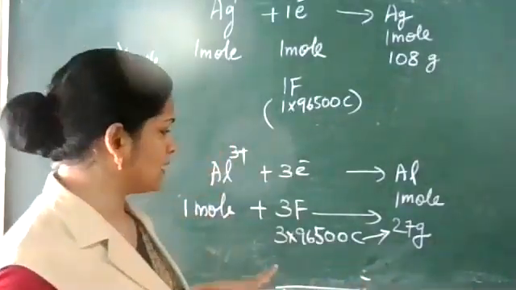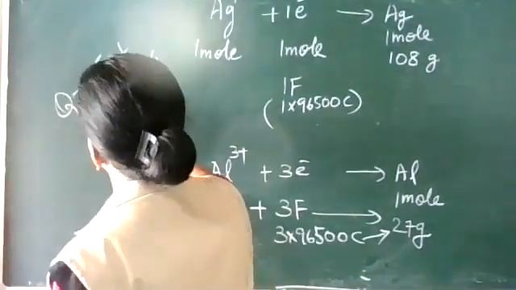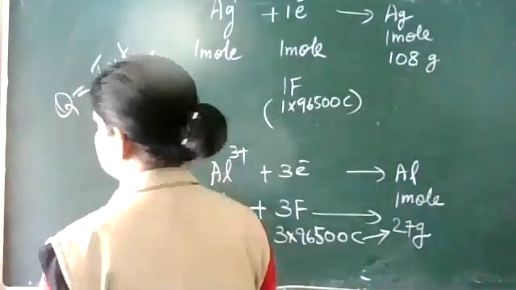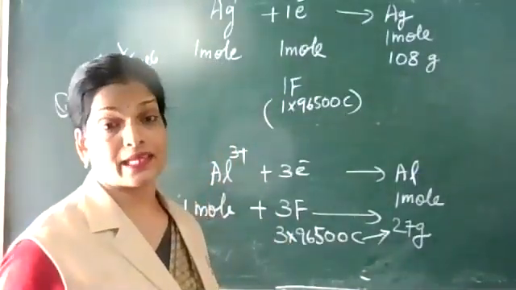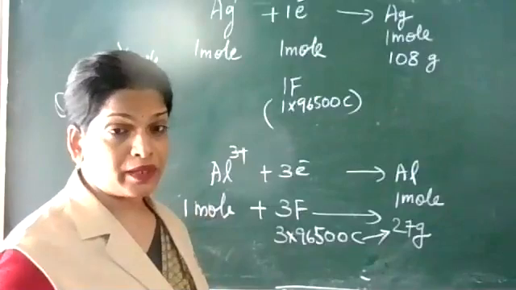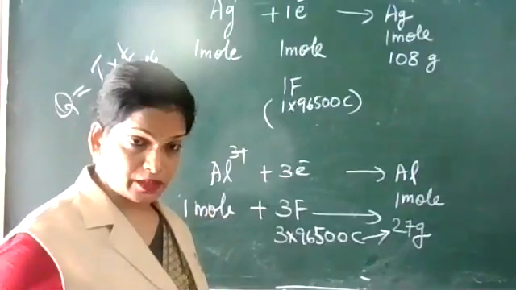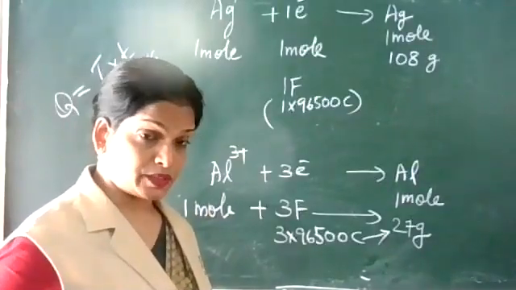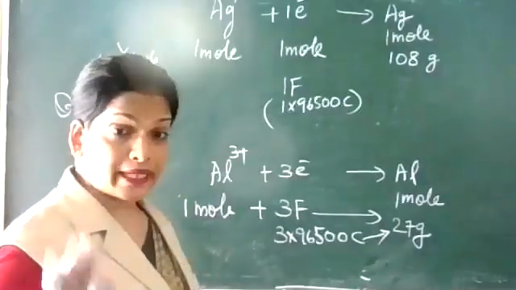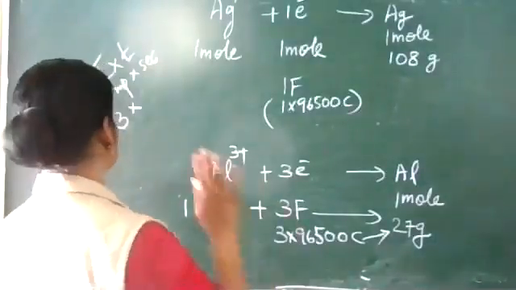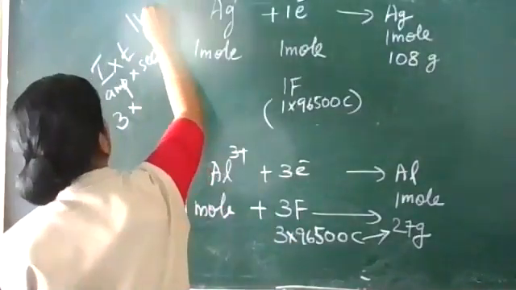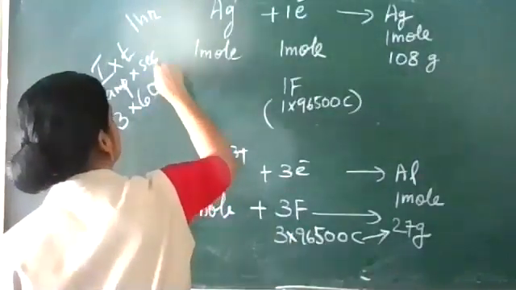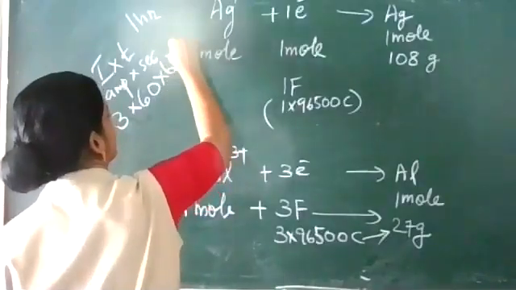Suppose they are passing 3 amperes of current for 1 hour. You have to take time in seconds. So 1 hour means 60 minutes, that is 60 into 60 seconds.